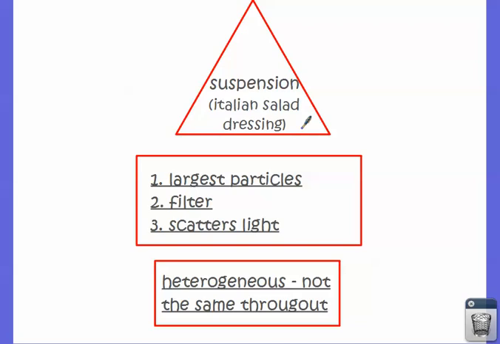If you took four or five different samples from a bottle, each sample would have a different ratio of the components, but all should still contain the components. So that's a suspension. And most of the mixtures you deal with on a day-to-day basis are going to be suspensions.